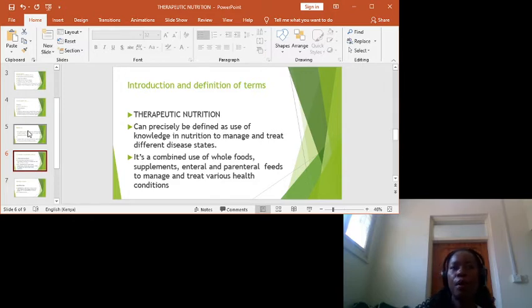For example, in management of PKU, phenylketonuria, the patient is supposed to be restricted in protein intake. So they will take more carbohydrate foods and avoid foods with phenylalanine. However, we can include tyrosine in the diet.